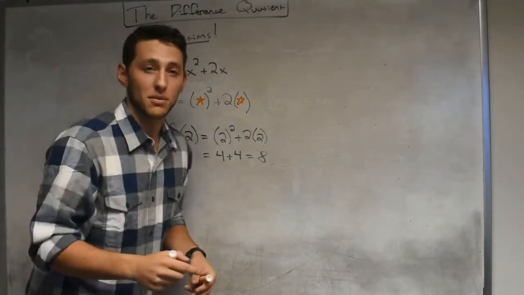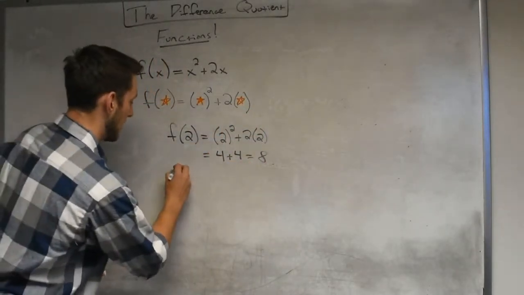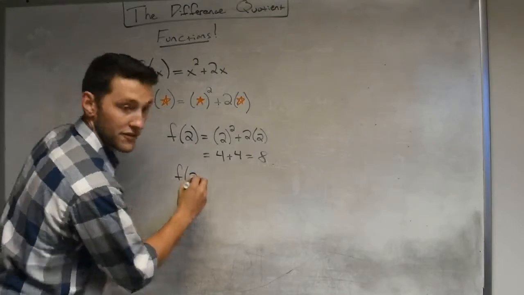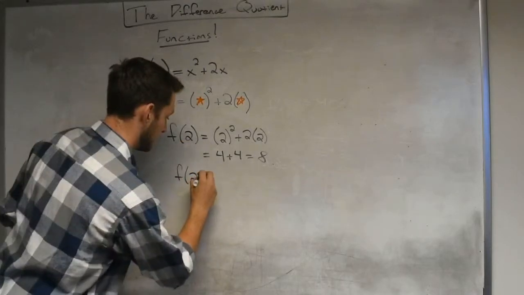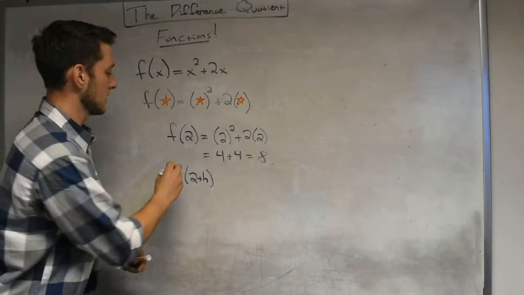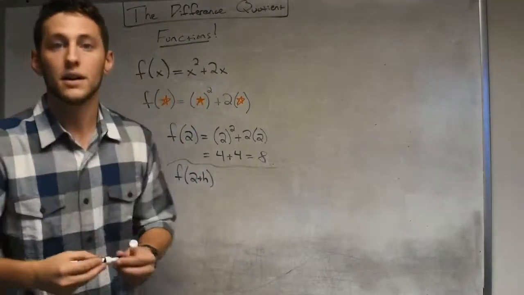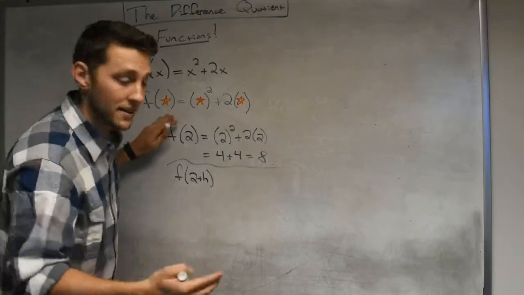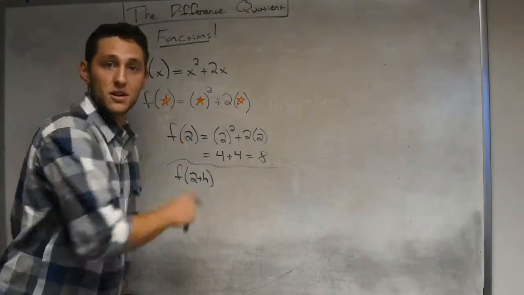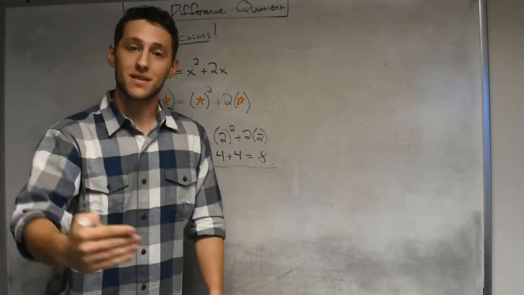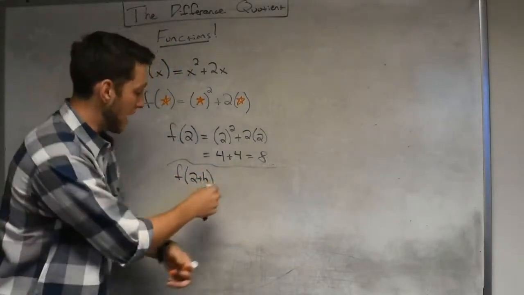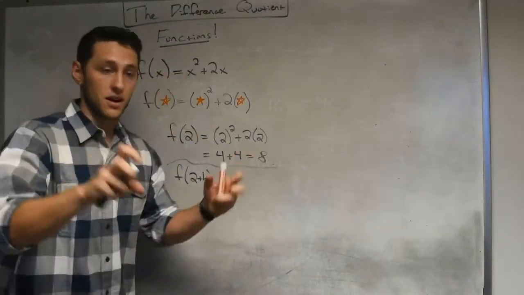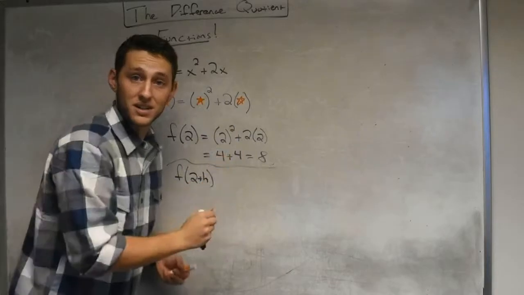Let's move on to something a little more complicated. How about f of 2 plus h? Draw a little line right there. In this case, we treat it the exact same way. 2 plus h is in place for star now. It's inside the parentheses. So all I do is I copy paste whatever's inside the star where I see the other stars.